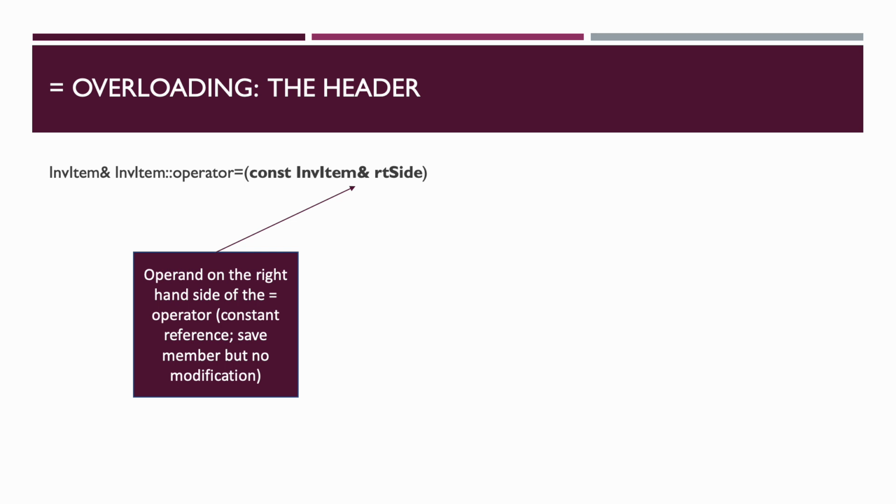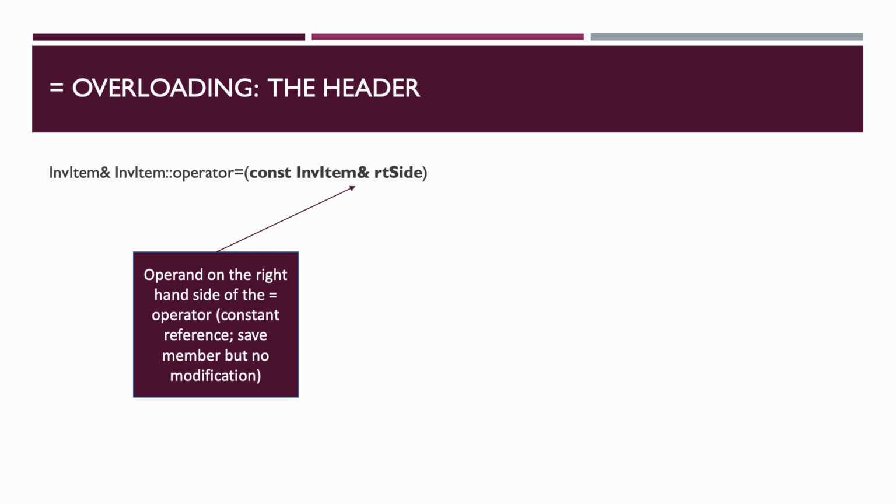This means that we are not making a copy of rt_side, which saves memory and processing time, but we also ensure that rt_side cannot be modified inside the function. The const keyword ensures that the data members of rt_side are protected from being changed during the assignment operation.